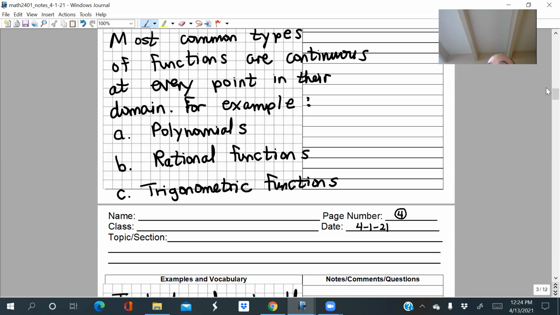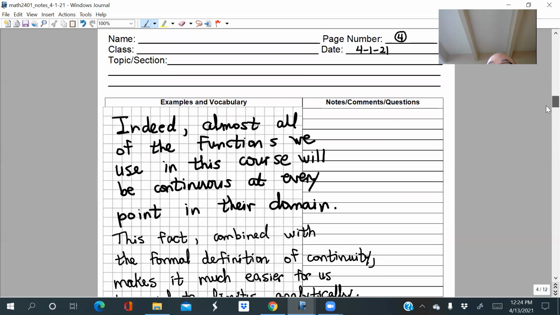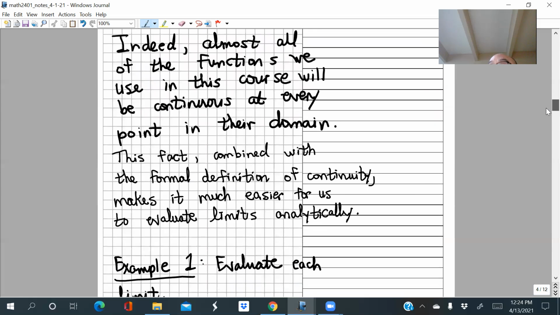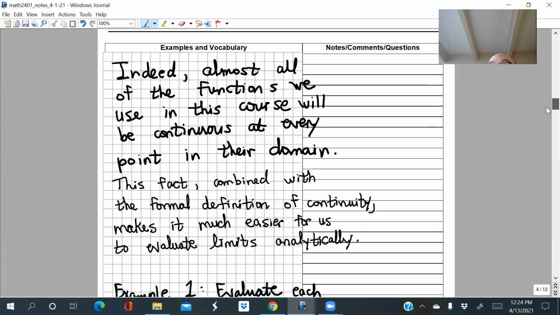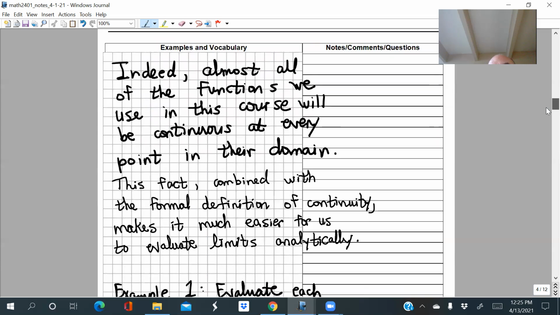So a lot of the functions in our class are either continuous everywhere for all real numbers, or at least continuous everywhere where the function is defined. And so that's going to make it easy for us. That's going to help us in evaluating limits, as it turns out. It helps us in a lot of ways, but in particular, it's going to help us with evaluating limits.